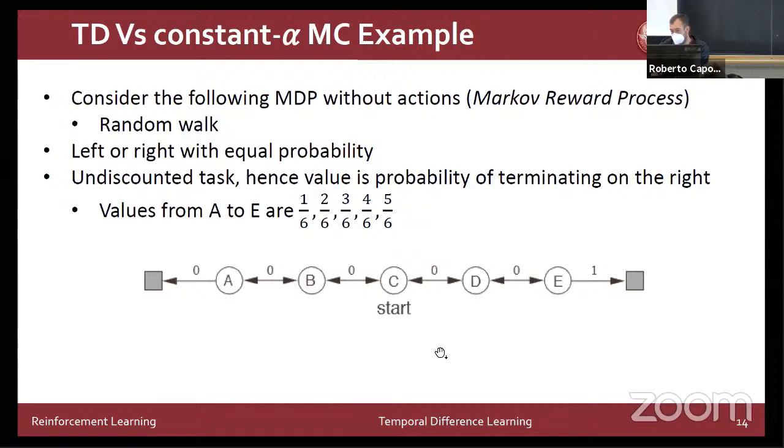Otherwise, we are always at 0. If we have a 0.5 probability of ending up left or right, starting from C, it's 1/2, right? So 3/6 becomes 1/2. It's half probability of getting 1 and half probability of getting 0. And if you do the computation for every state, you will see that this matches this value function.